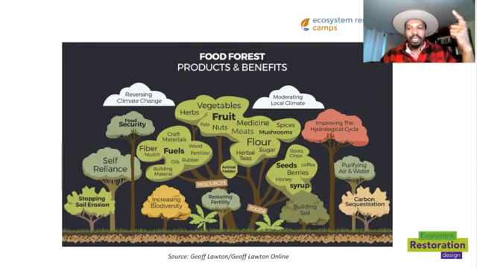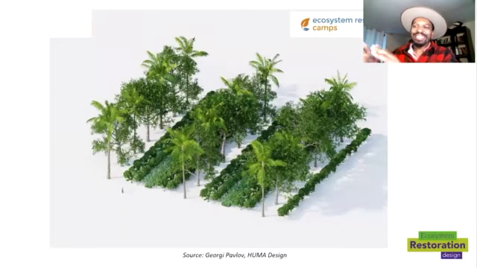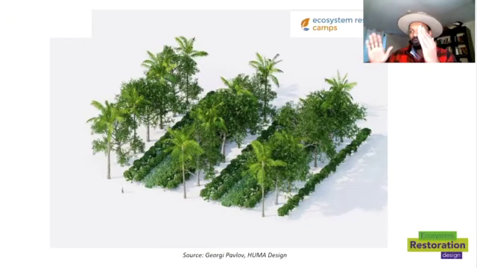Now, in the case of what's being put into place on the plots, you can see that structurally it would look something similar to what we see here, right? We have this sort of alley cropping arrangement where some of the trees are buttressing these lanes of the more annual species.